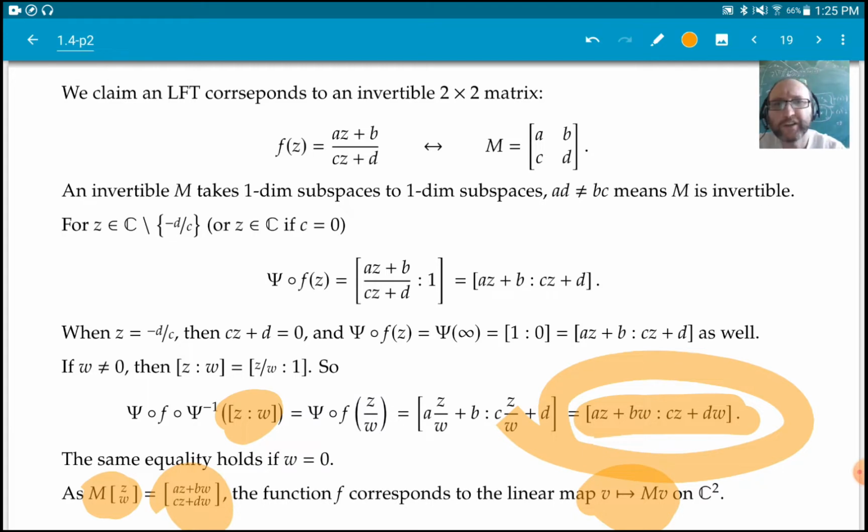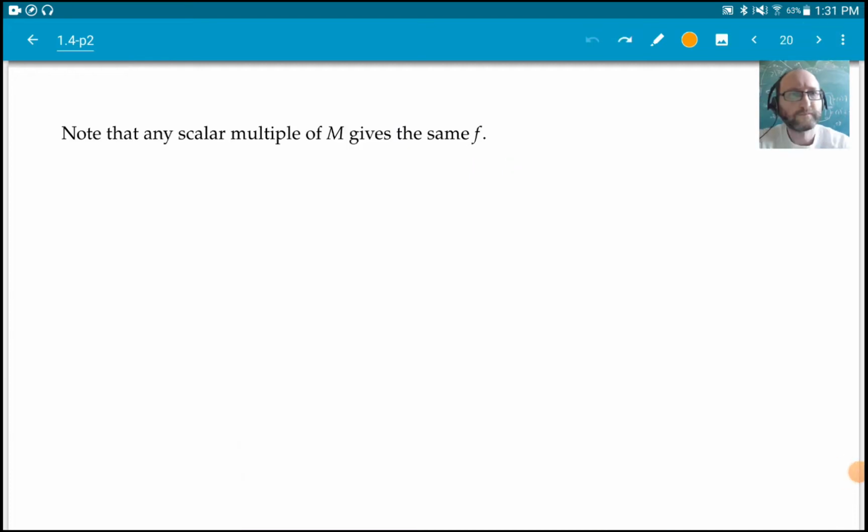So we do get this correspondence. Now note that any scalar multiple of M gives the same F. It's not a one-to-one correspondence. Of course that's just like multiplying the numerator and the denominator by a constant, which also gives you the same F.